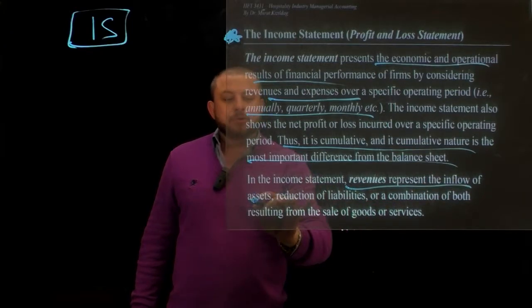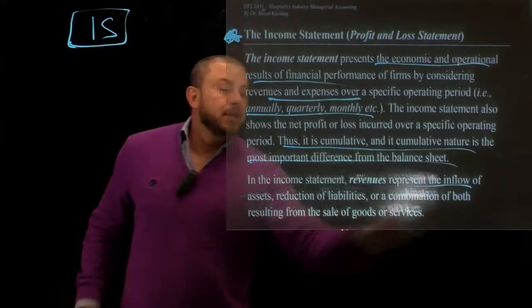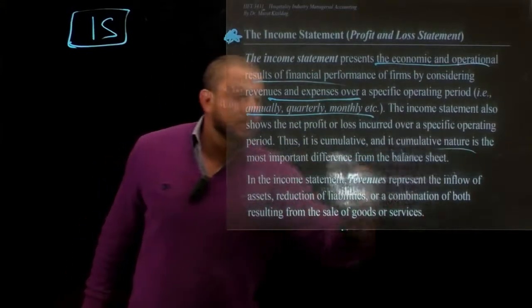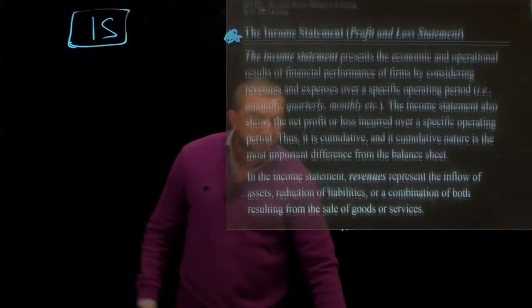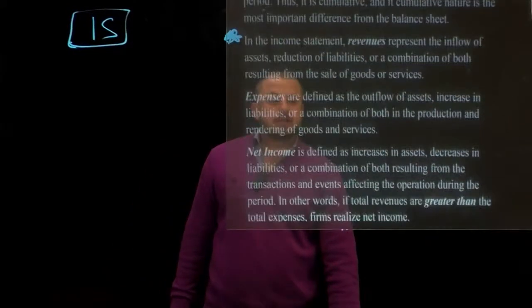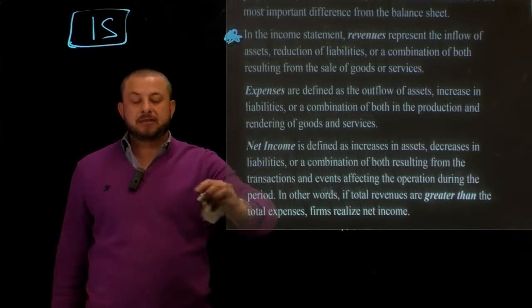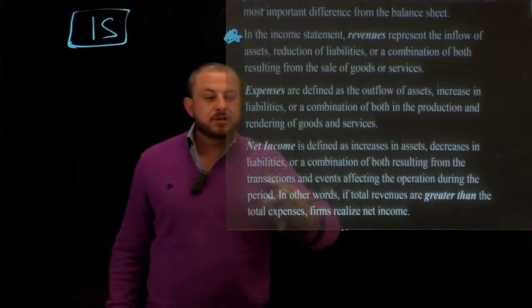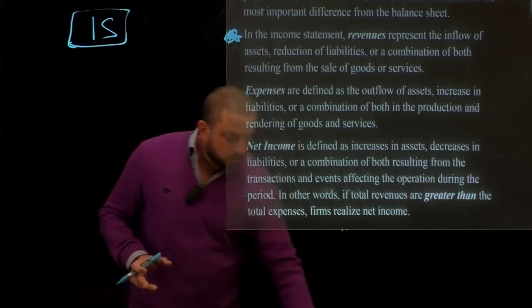Revenues represent the inflow of assets, reduction of liabilities, and the cash and credit payments like accounts receivable or prepaid payments. And expenses are defined as the outflow of assets. Net income is defined as the increase in assets, decrease in liabilities. Therefore, the combination sets the net income or loss.